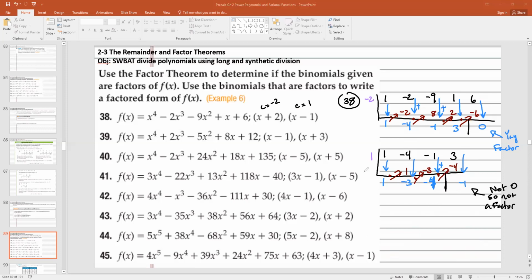So what we want to do is, they throw in this last part, use the binomials that are factors to write the factored form of f of x. So what we have here is x cubed because it's x to the fourth, so we go one lower: x cubed minus 4x squared minus 1x plus 3.